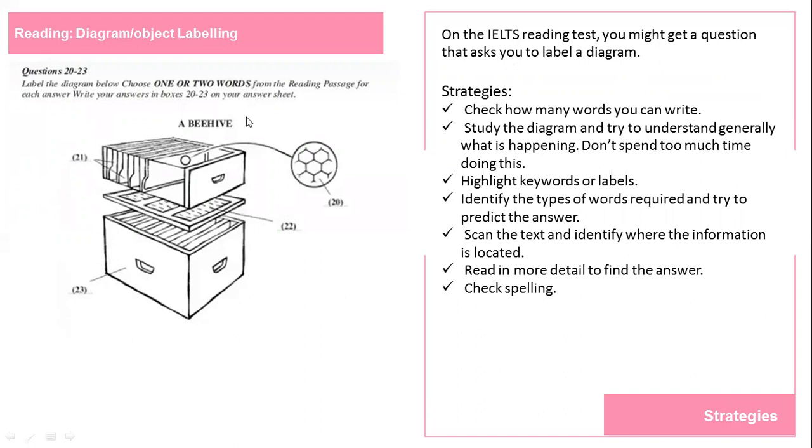This is maybe an object, okay, and then you have to fill in or label parts of the object, parts of the machine, according to the descriptions that are given to you in the text, berdasarkan apa yang dideskripsikan dalam paragraf, dalam teks yang sudah kita baca sebelumnya.